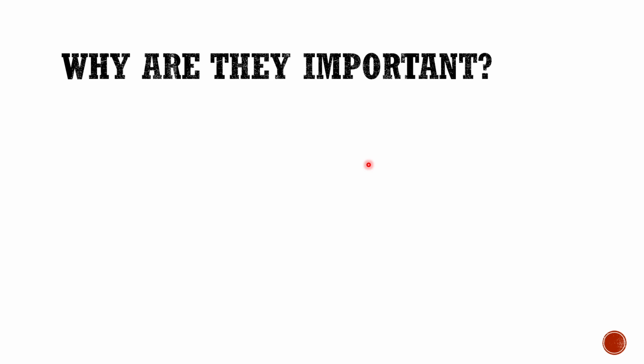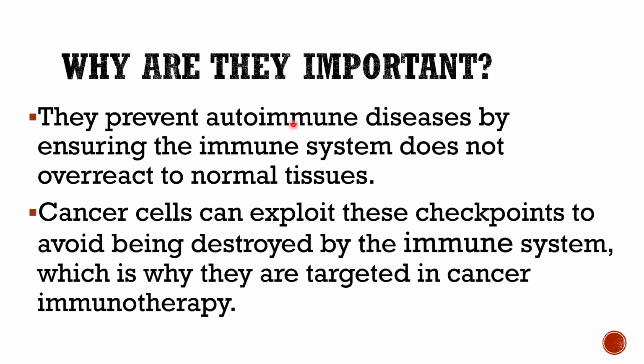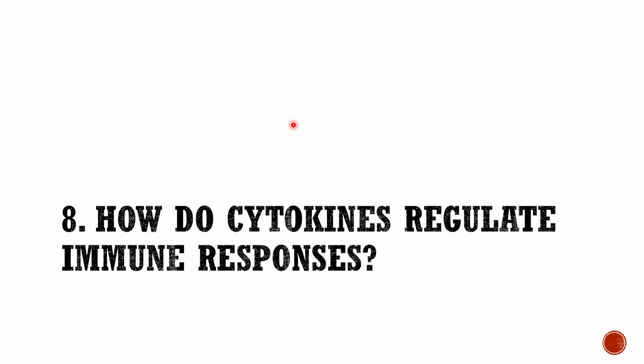Why are they important? They prevent autoimmune disease by ensuring the immune system does not overreact to normal tissues. Cancer cells can exploit these checkpoints to avoid being destroyed by the immune system, which is why they are targeted in cancer immunotherapy.